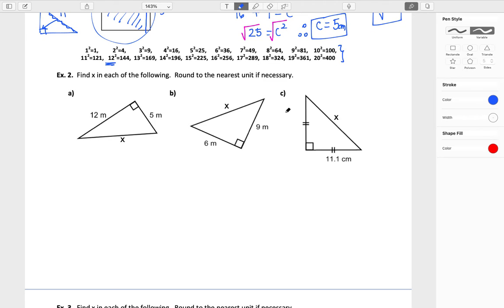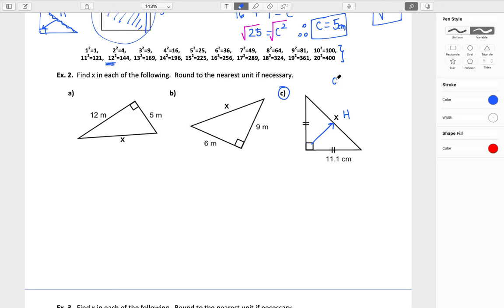Okay, so let's try letter C, number 2C. In this case, let's identify the triangle. The X is opposite from the 90 degree angle, so that means this must be the hypotenuse, which is the longest length.